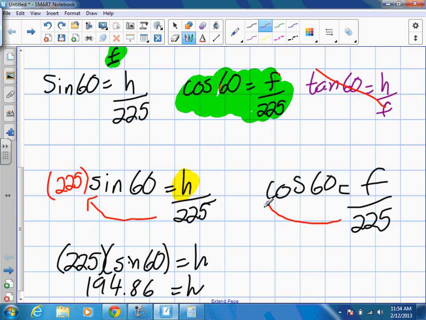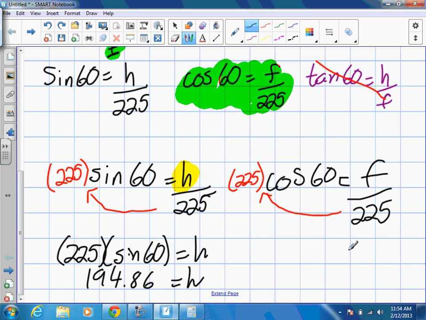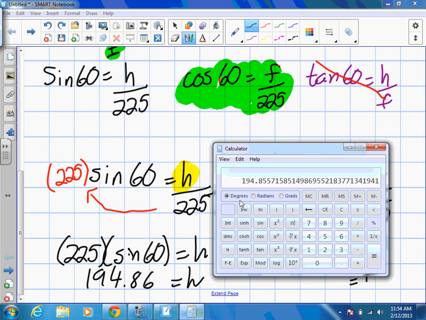The only difference is cos 60 is going to give us something quite different as a value. 225 times cos 60. We've already gone through this one, so I'm going to quickly do it in my calculator. Hopefully you guys are familiar with this process now. So 60 cos times 225, 112.5.